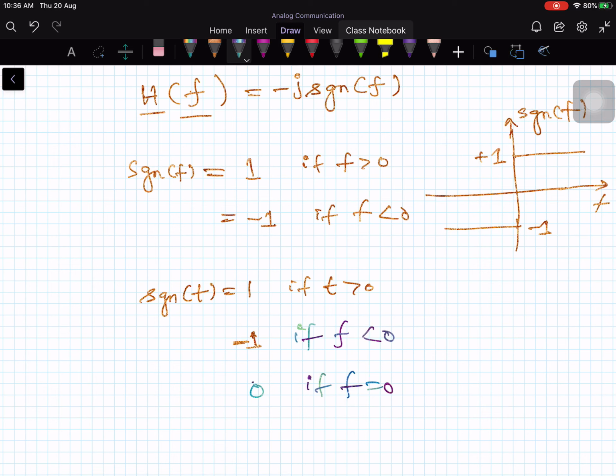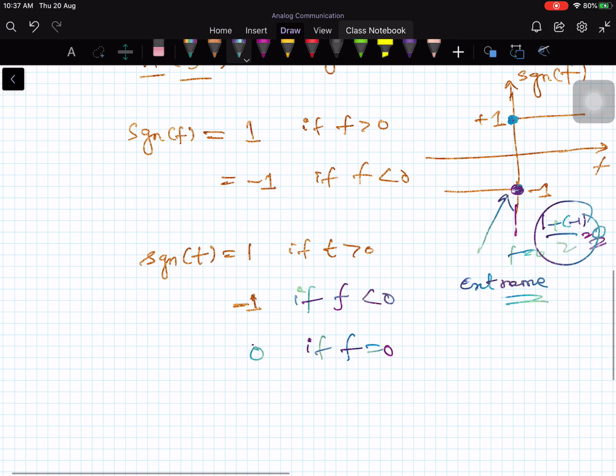You take the average at exactly this point, so this is minus 1 and this is plus 1. If you take the average, 1 plus minus 1 by 2, which is 0. In fact, some people will say it is undefined. Here we will define the value at 0 to be 0 itself, by taking the mean value between the two extreme values, plus 1 and minus 1.